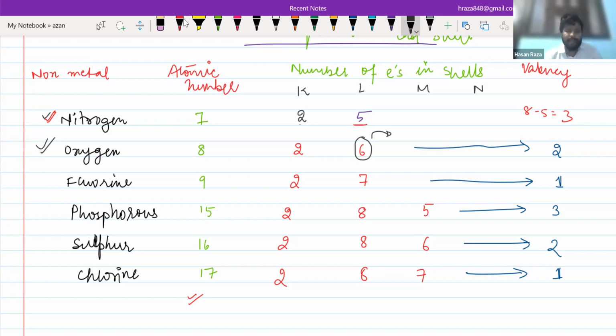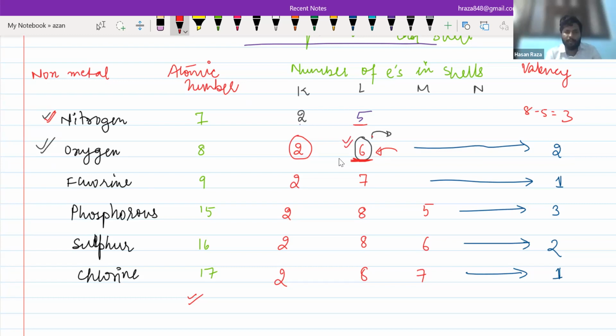So in metals and non-metals, you can see this is a non-metal which has only 6 electrons in the outermost shell. In order to gain stability, either it can lose all the 6 electrons so that the first shell will be completely filled, or it can gain 2 electrons to complete this shell.